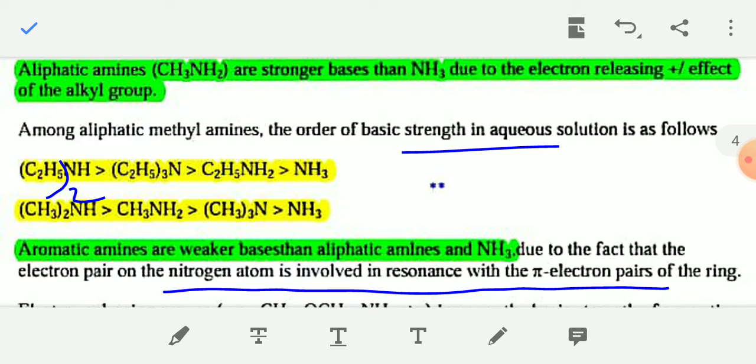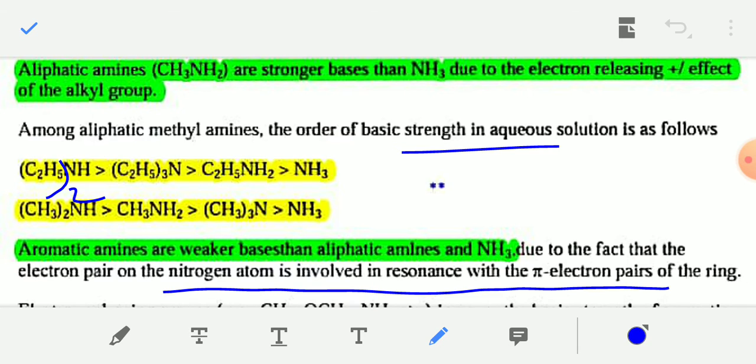In case of different ethylamines, the order of basic strength in aqueous solution is 2 degree ethylamine greater than 3 degree ethylamine greater than 1 degree ethylamine greater than ammonia.